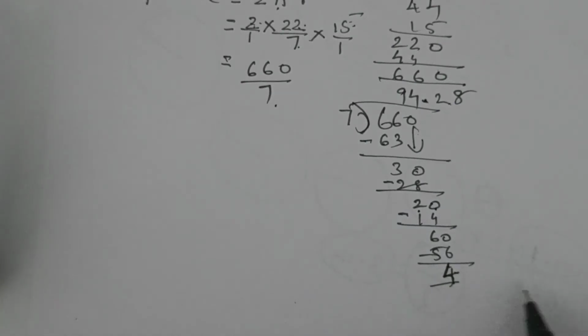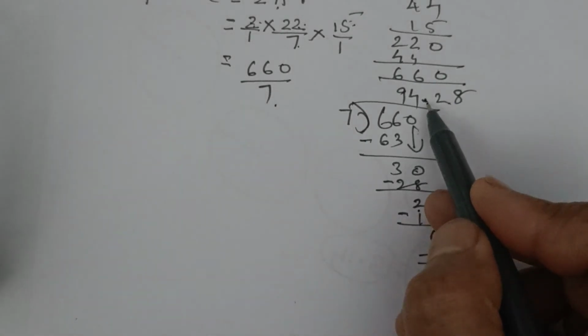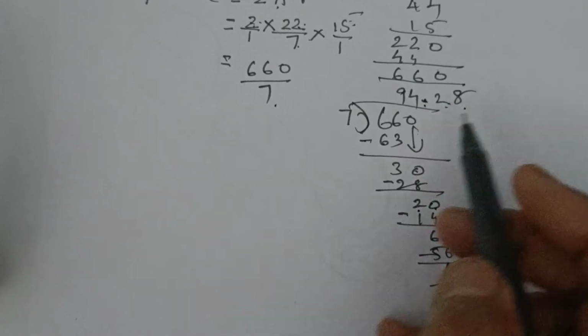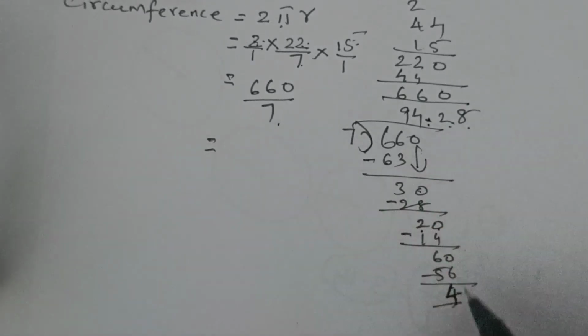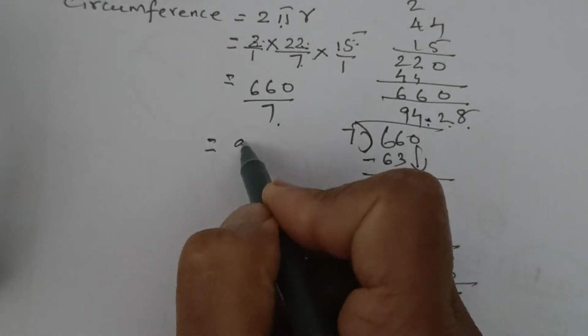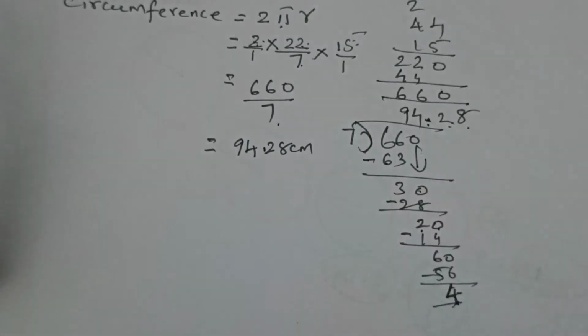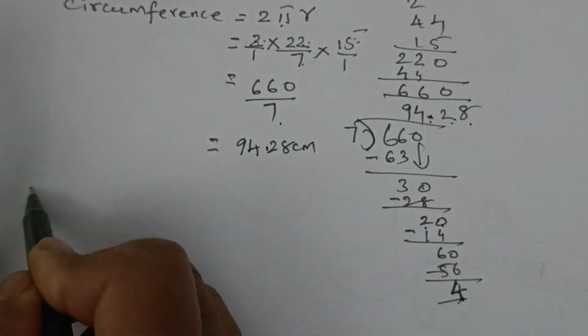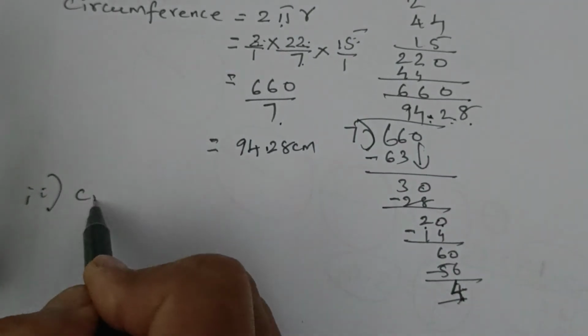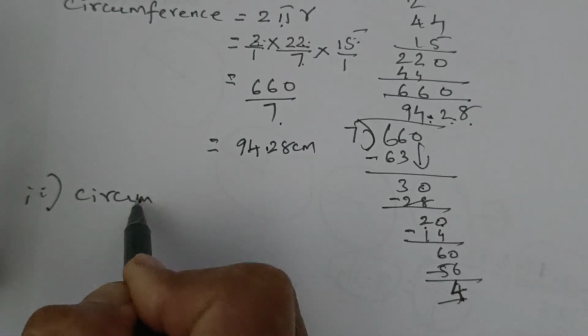The remainder will never become 0. So let us stop the sum after the point. You find 2 digits and stop the sum because it is a non-terminating decimal. So your circumference is 94.28 centimeter.